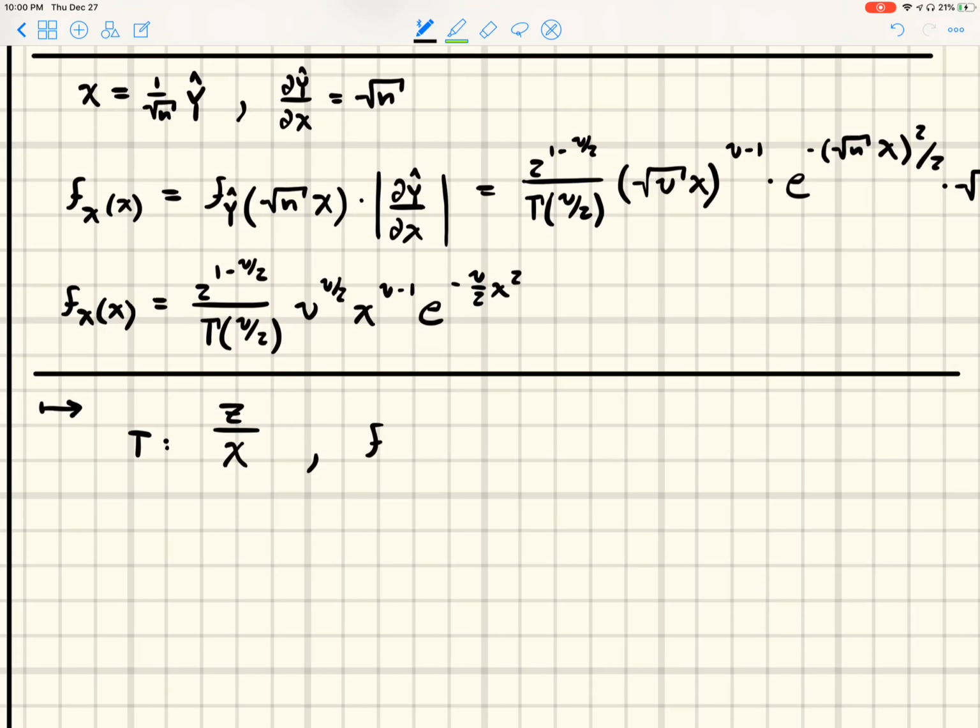And what we want is the probability distribution function for a ratio of probability distribution functions, that associated to z and that associated to x, which we just calculated. So here we're going to utilize what's called the quotient rule for probability distribution functions. And this is also called a Mellin transform in functional analysis.